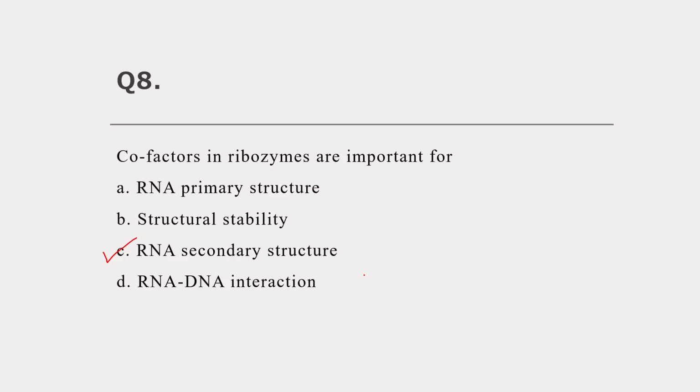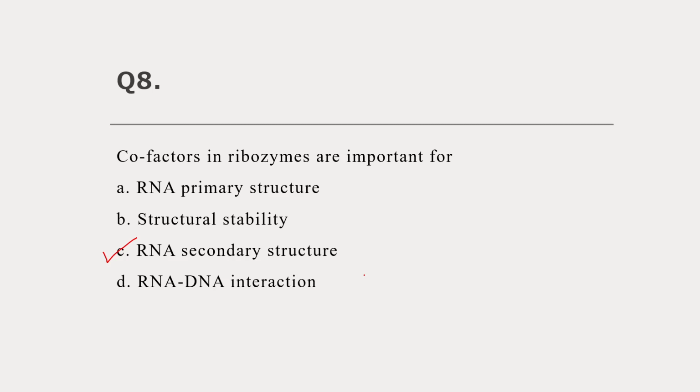Now the question may arise that earlier we discussed that metal ions stabilize the ribozymes, right? So now the answer is that RNA secondary structure requires cofactors. Your explanation is this: metal ions can be a cofactor, but not all cofactors are metal ions.